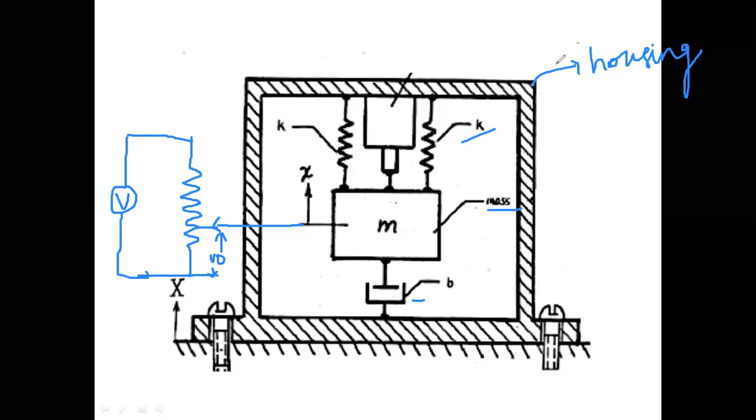Due to sudden acceleration, a jerk is put on the housing such that this mass element will vibrate.